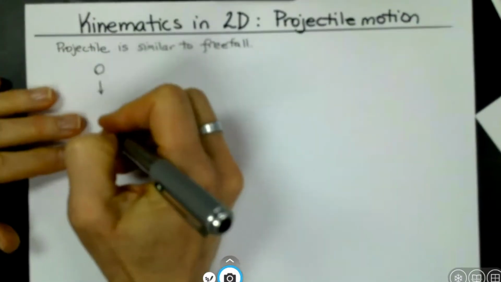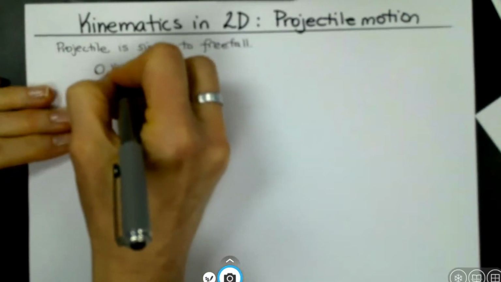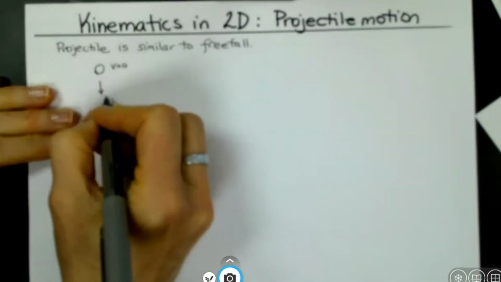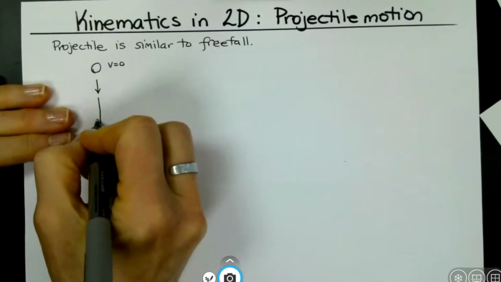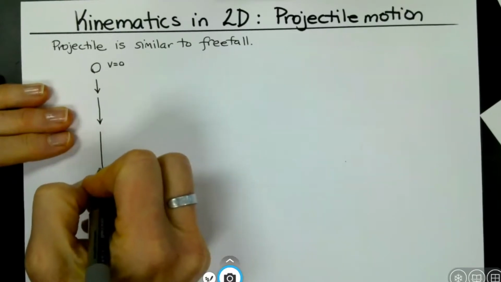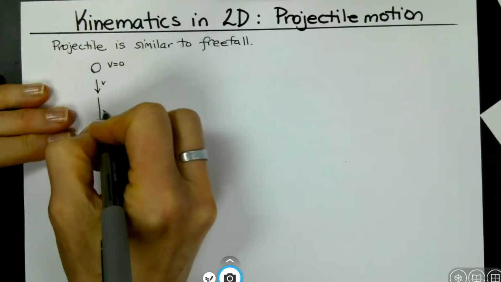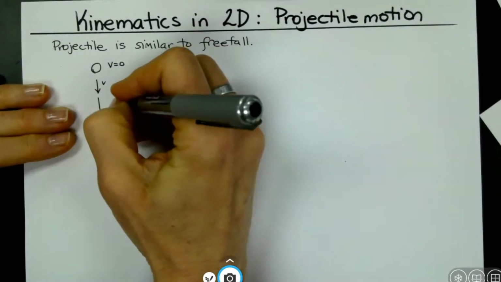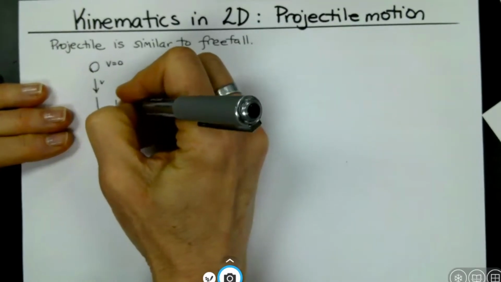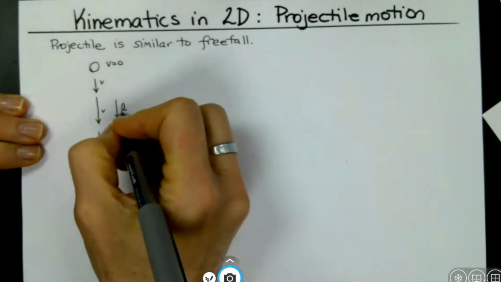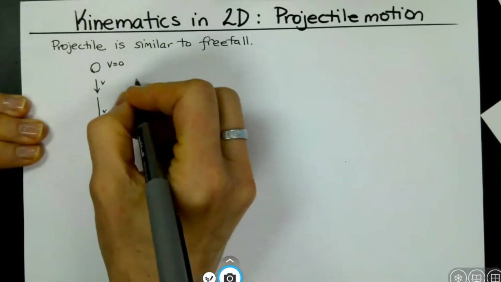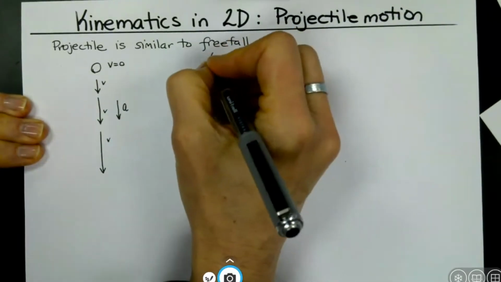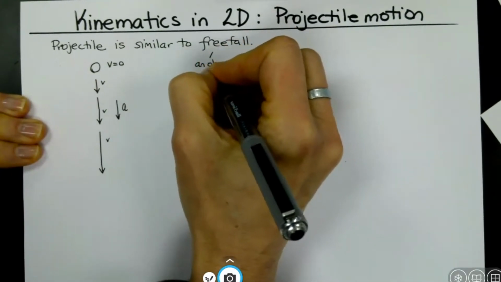We'll just start with one that's going down. Let's assume it's starting at rest. And if it's dropped, it's going to increase speed on the way down. This should be somewhat familiar since we did it. And acceleration is equal to acceleration due to gravity. And the definition of a freely falling object is an object acted upon only by gravity.